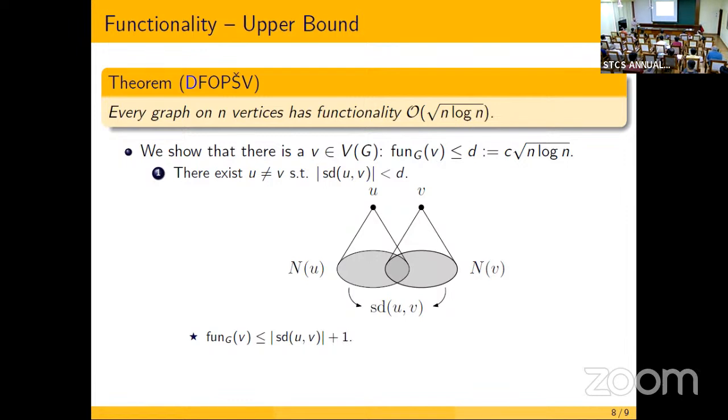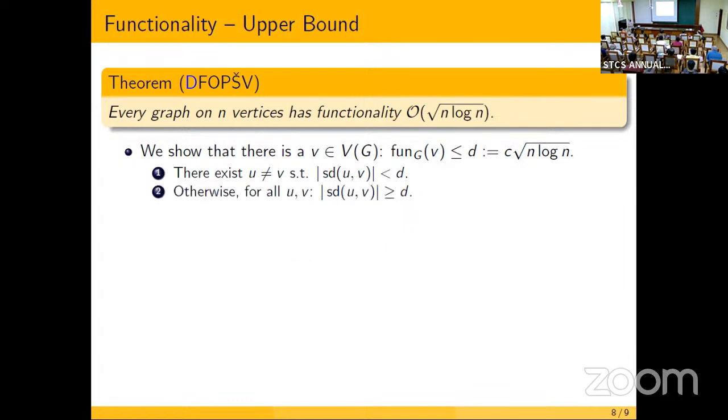So if our special set F contains all private neighbors plus vertex u, this set determines the neighborhood of v. So this is the easy case.